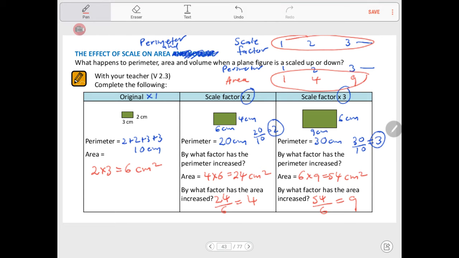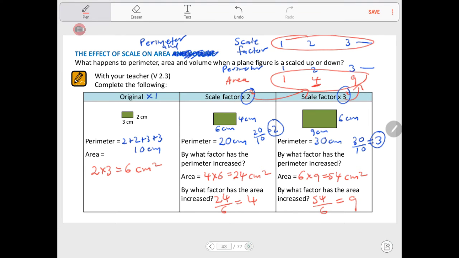Have a think about it. Maybe pause the video and think for a while. Now the answer is that to get this factor for the increase in the area, we need to square the scale factor used. So 2 squared is 4, 3 squared is 9. So to find out the factor for the increase in area, we square the scale factor.